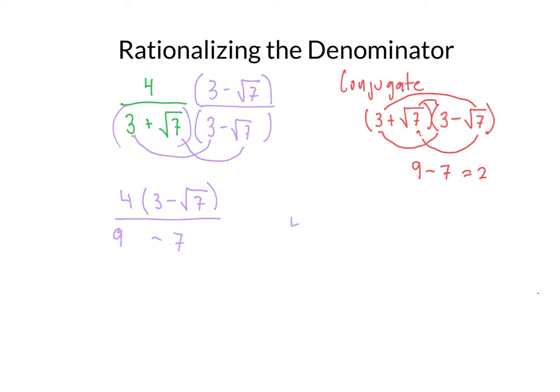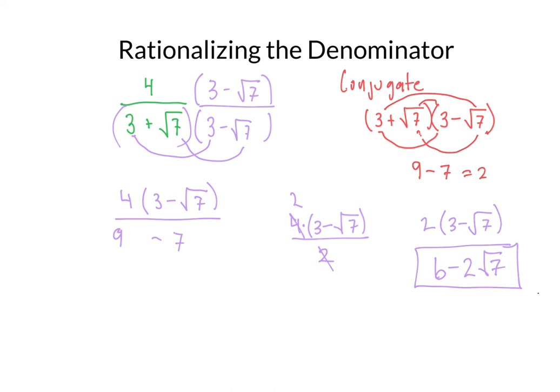And that becomes 2. Now, I didn't distribute my 4 through, and I'm actually very grateful for that because the 4 is being multiplied by that parentheses, so we can cancel. So the 2 and the 4 reduce. And my final answer is actually just 2 times 3 minus the square root of 7. Or you can write that as 6 minus 2 square roots of 7.